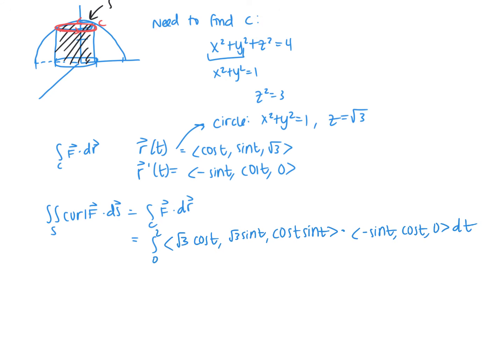T is going to go from 0 to 2 pi. If we multiply this out, we get negative root 3 cosine of t sine of t plus root 3 sine of t cosine of t plus 0 dt, which is just 0.